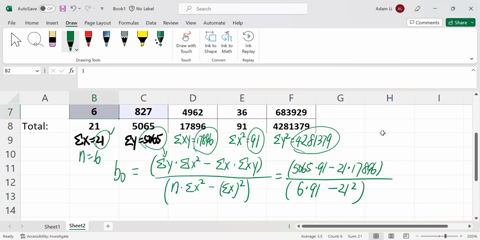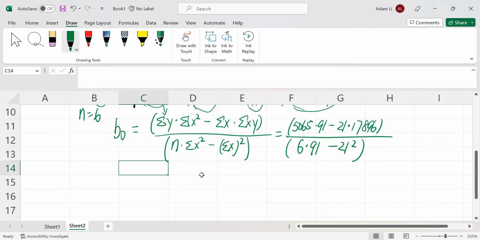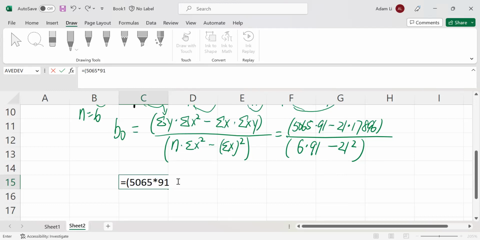Now you can put it into one of the cells to calculate this B0 here. Put it underneath here. So you're going to do 5065 multiplied by 91 minus 21 times 17,896.